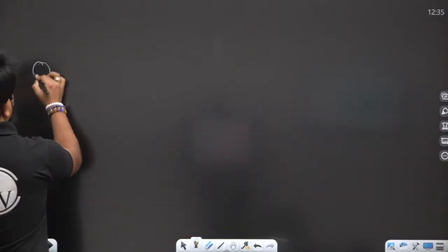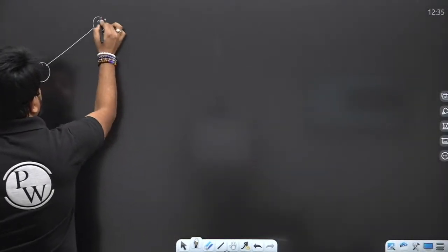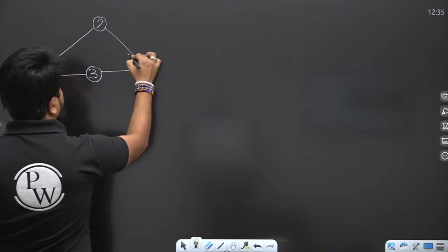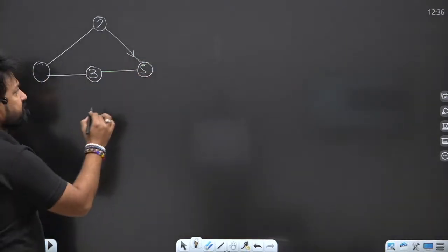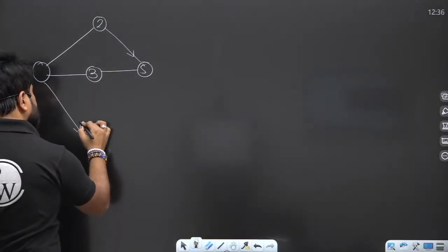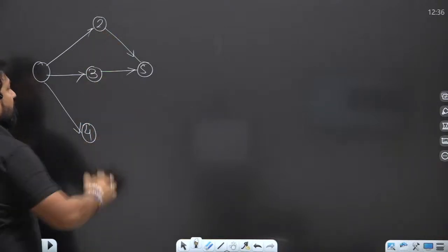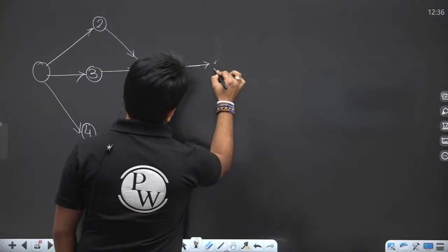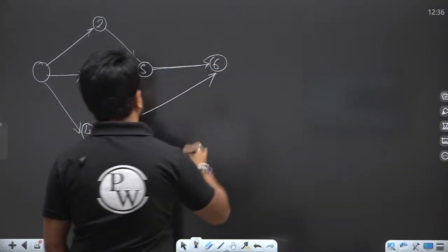Here the project is: 1 to 2, then 1 to 3, then 3 to 5, then 2 to 5, then 1 to 4, then 4 to 6 and 5 to 6.